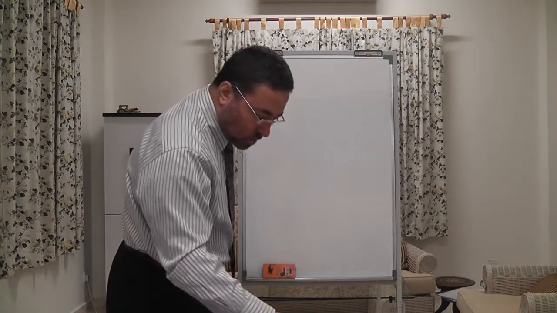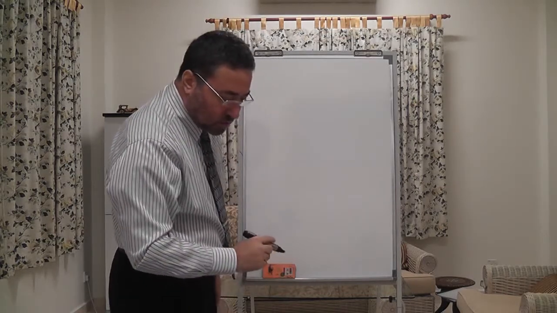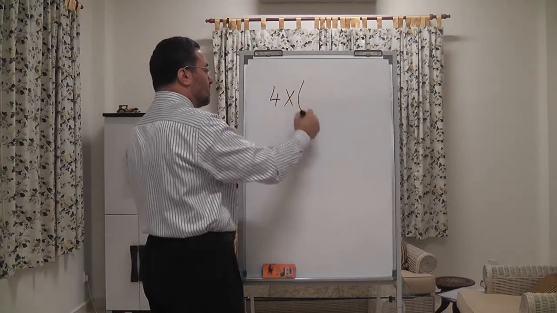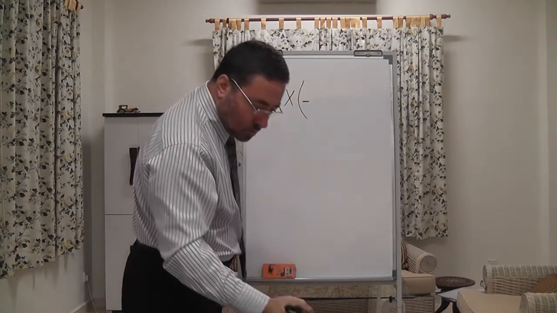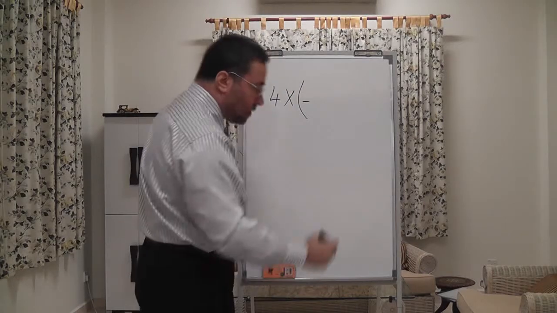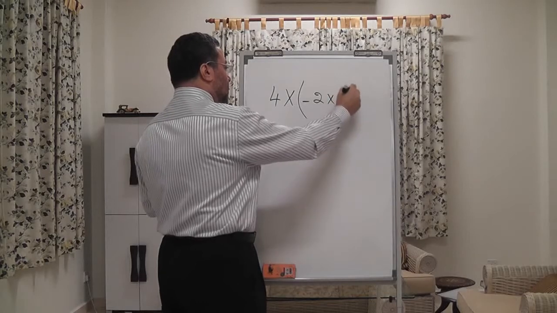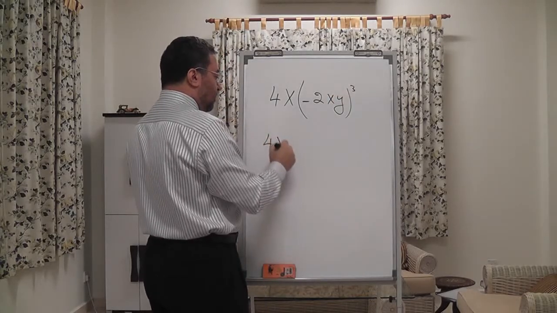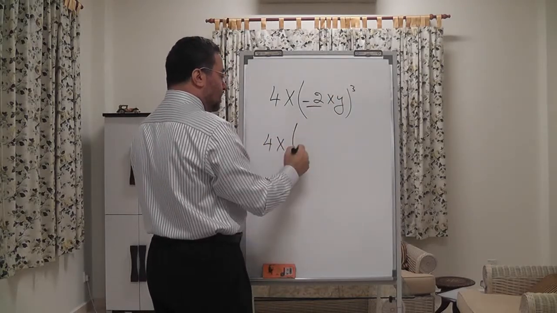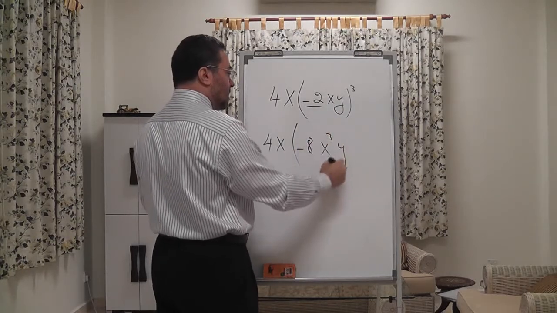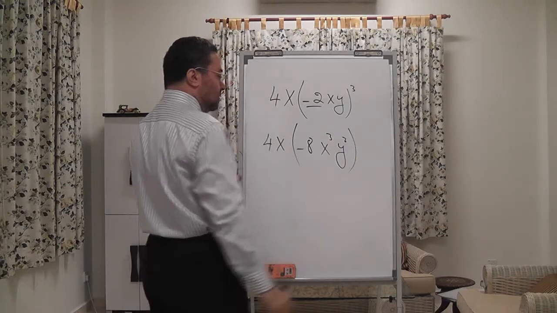Next we'll do number 28, 4x into minus 2xy cubed. That will be 4x. We cube this, minus 8, and cube this, and cube this.